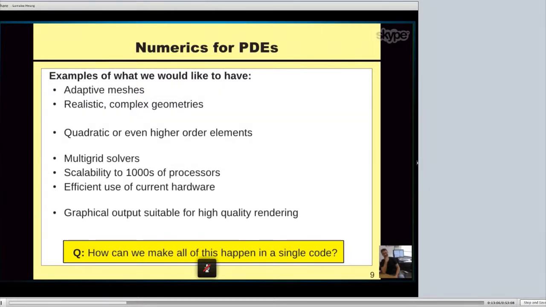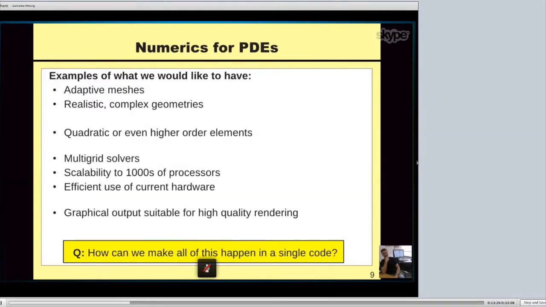And you would want to use something that scales to maybe a few thousand processors, that certainly makes efficient use of current hardware. So for example, most of the clusters, in fact most of the computers that we work on today have multiple processors, and so we would like to use this. Then we would like to use clusters that connect hundreds or thousands of computers.